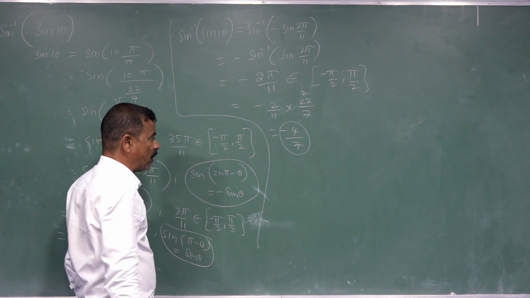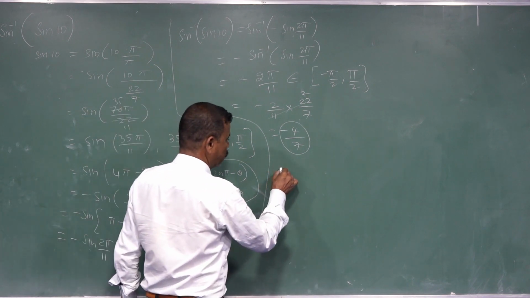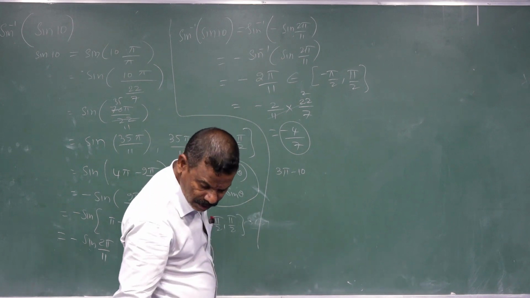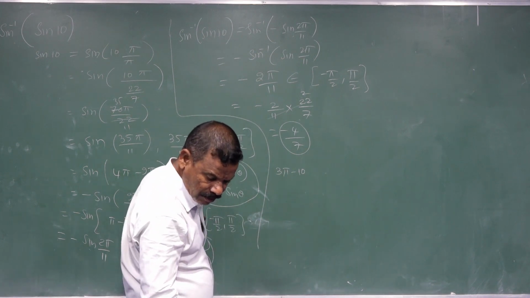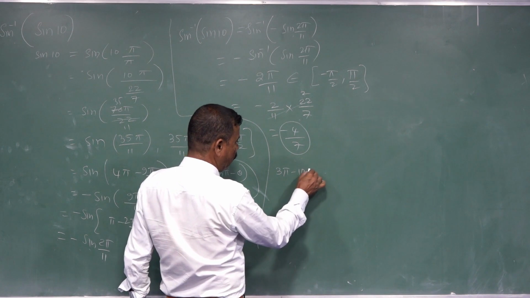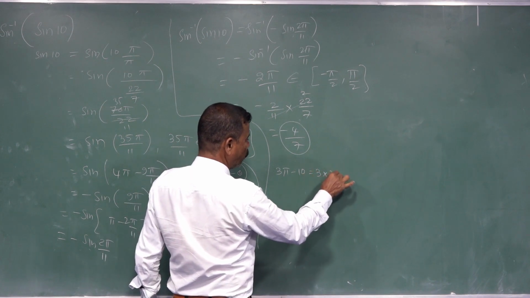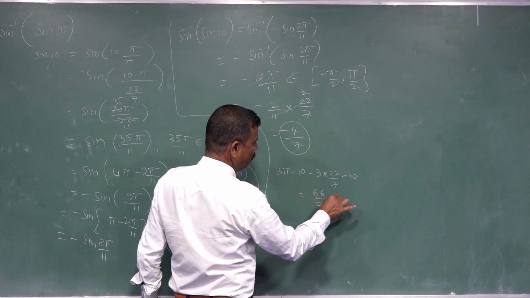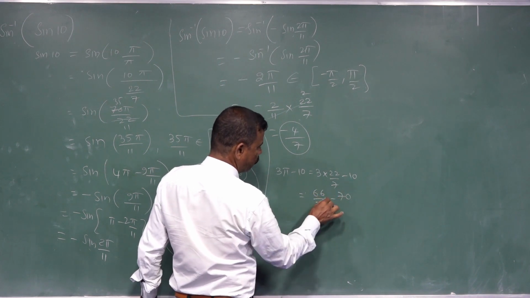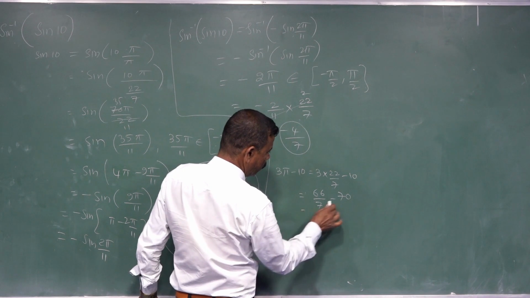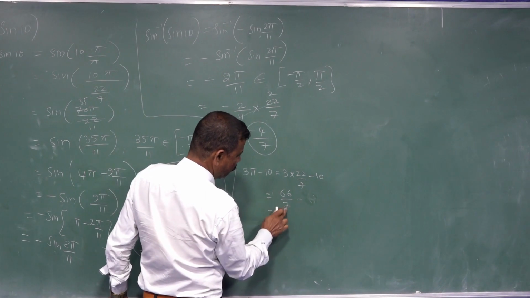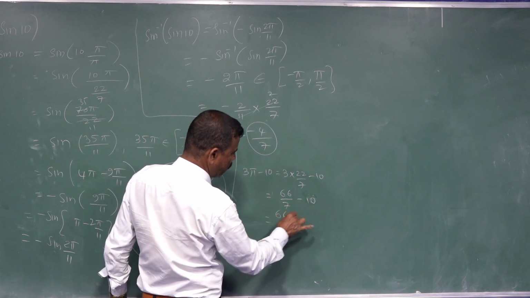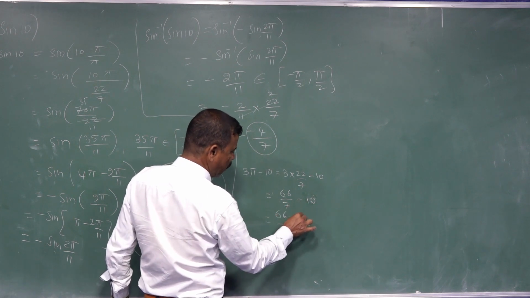So in the book the answer is given as 3 5 minus 10. How much is this value? 3 into 22 by 7 minus 10, 66 by 7 minus 70. After this, LCM 7: 66 minus 7 into 10, 70.